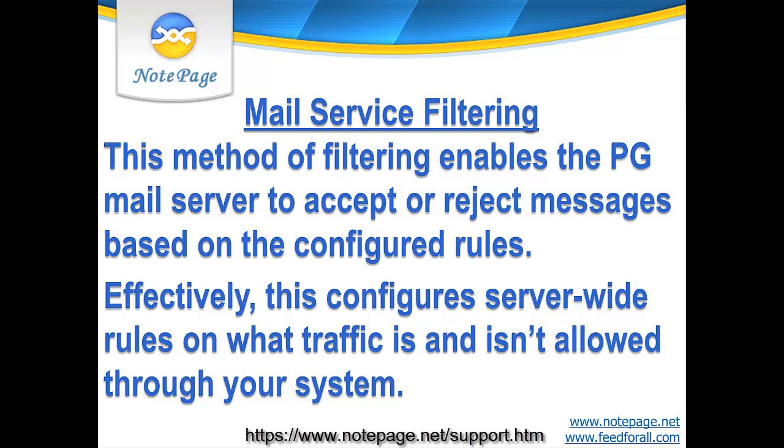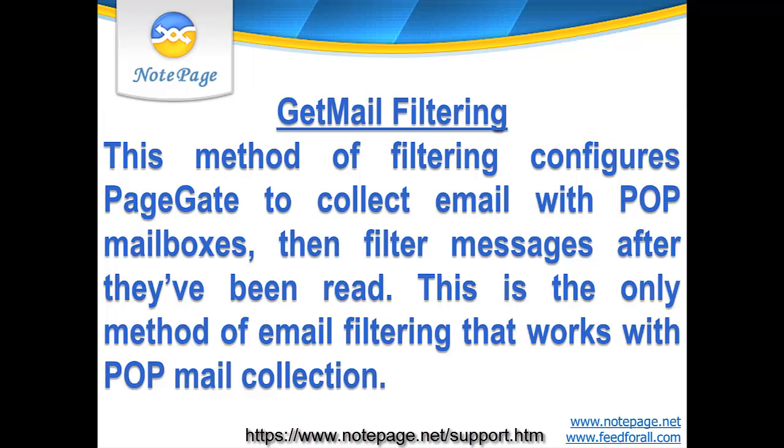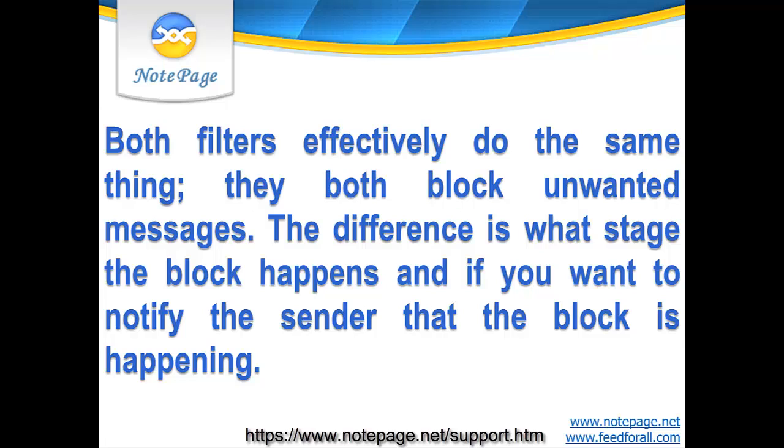Which leads us to our second method, GetMail filtering. This method of filtering configures the mail server engine to accept all inbound email, and then emails are scanned and filtered after the fact. This is the only method of email filtering that works with POP mail collection to bring traffic into PageGate. Both filters effectively achieve the same thing. They both block unwanted messages. The difference is at what stage the block happens and if you want to notify the sender that the block is happening.